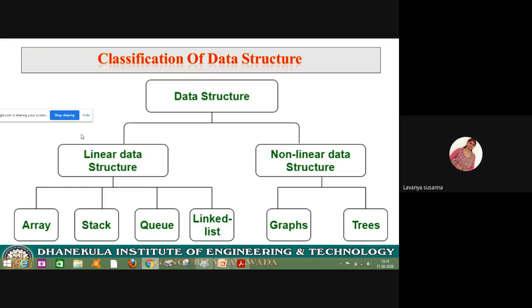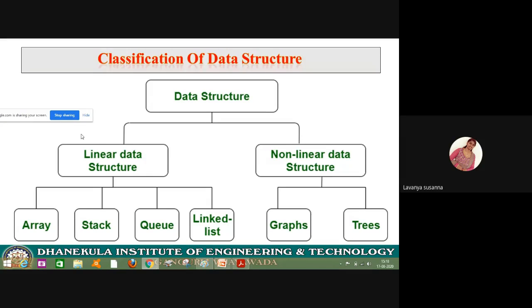Coming to non-linear data structure, examples of non-linear data structure are graphs and trees, where the data is arranged in random order. Data is not arranged in sequential order.